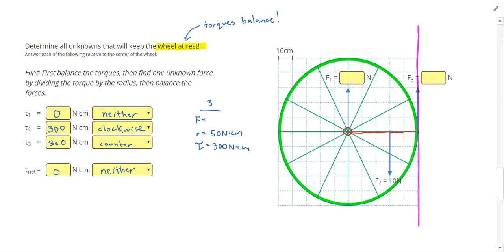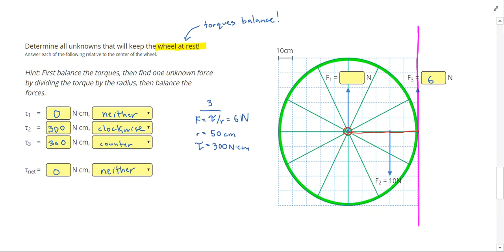And just like we do force times radius to get torque, we'll do torque divided by radius to get the force. So 300 divided by 50 gives me 6 newtons. By the way, I just noticed a little mistake, is that my radius is just 50 centimeters, not 50 Newton centimeters. Alright, so I know that force 3 must be 6 newtons.